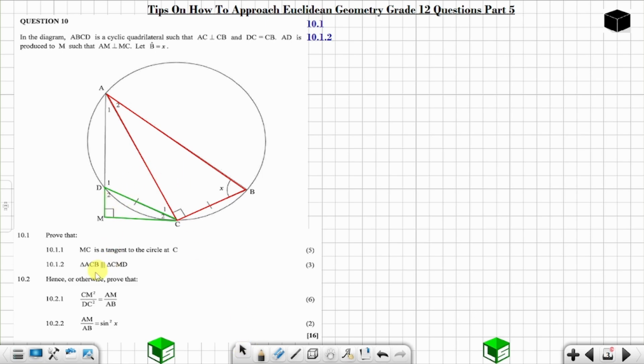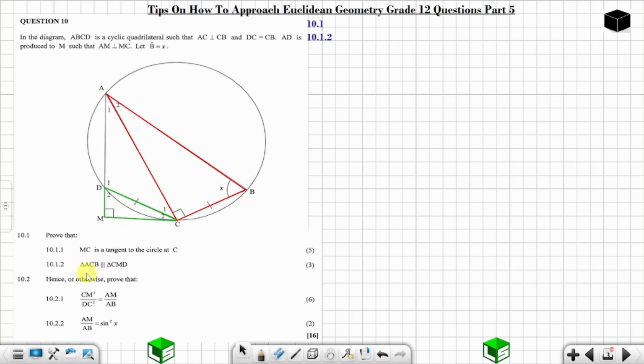Triangle ACB and triangle CMD. We are going to work in these two triangles.